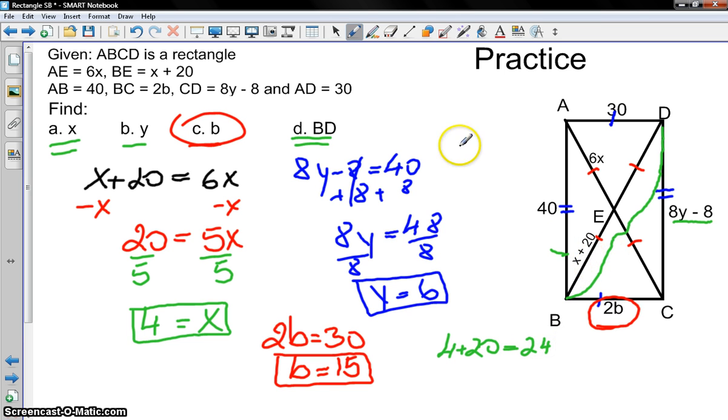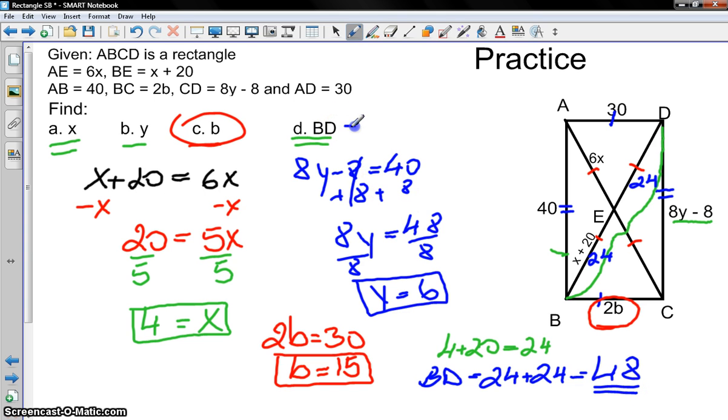So this means this part over here is 24. Well, if this is 24, all of those are 24, so that means this one is also 24. So how much is BD altogether? BD equals 24 plus another 24, which equals 48. So that's going to be the value of BD.